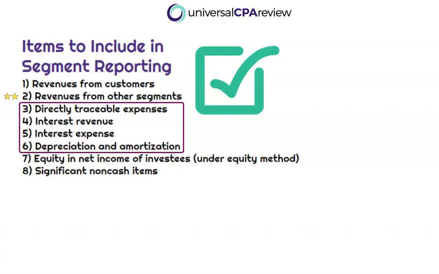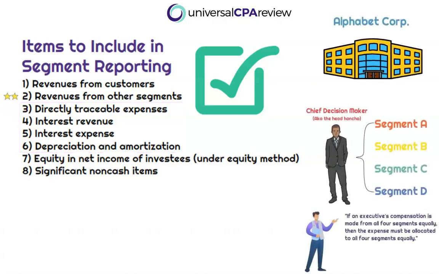What about a major expense such as the compensation of an officer? What if Alphabet Corporation's chief decision maker has a compensation plan that comes from all of its segments? Then we need to determine where this expense is going to be allocated. If it's 25% across the board, A, B, C, and D, let's say, then we would allocate 25% of this person's compensation to each of these segments.